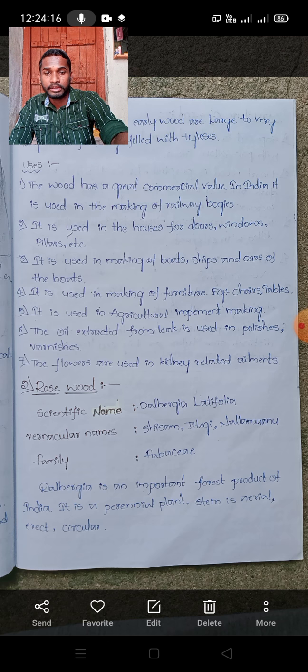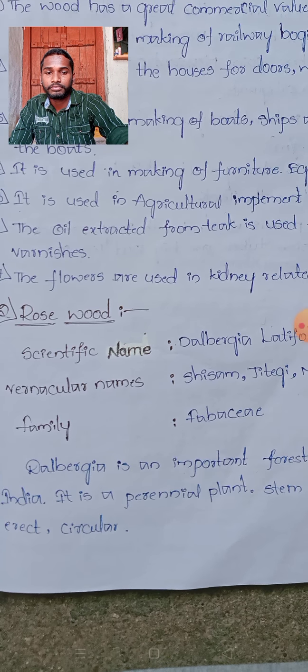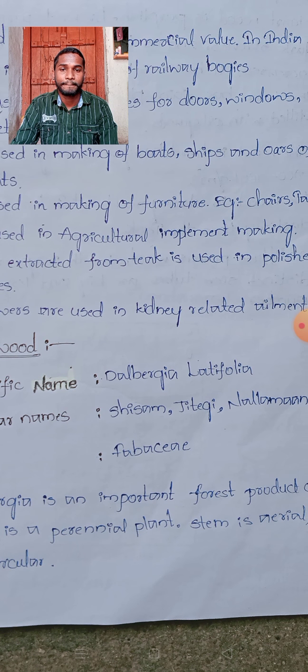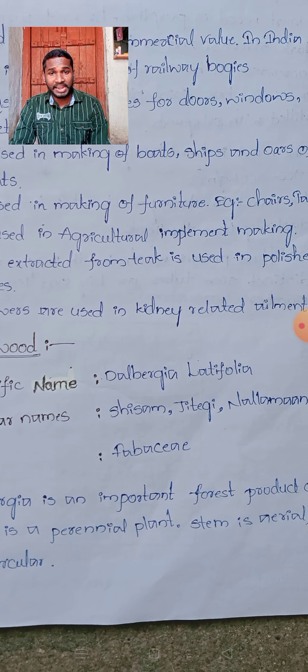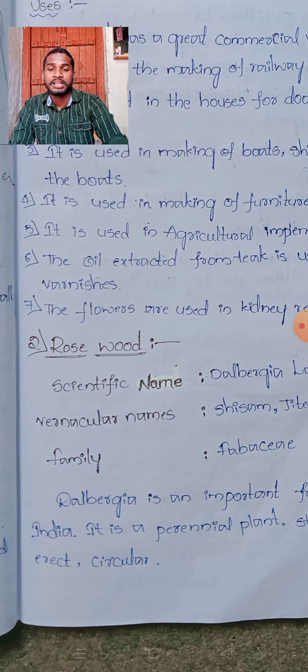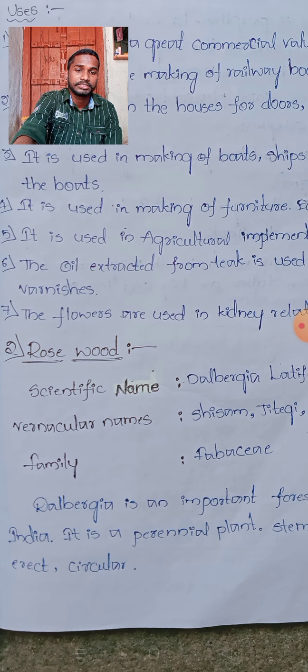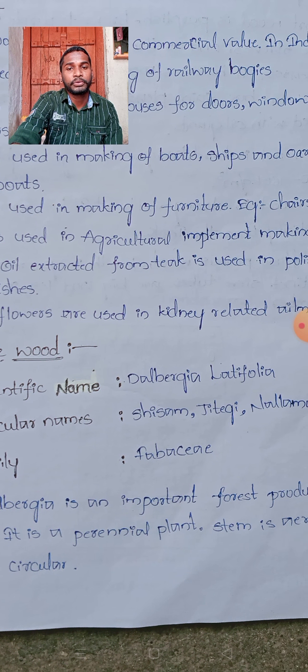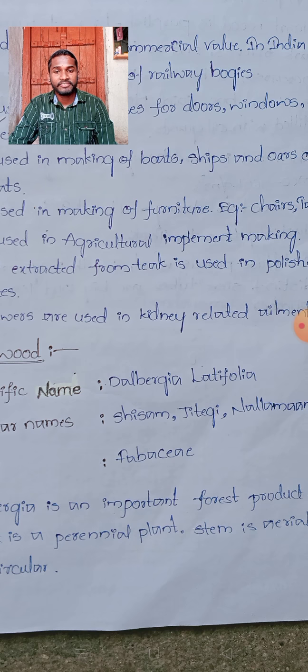Next, rosewood. Scientific name is Dalbergia latifolia. Vernacular names: Sisam, Jitegi, Nallamanu. Family Fabaceae.